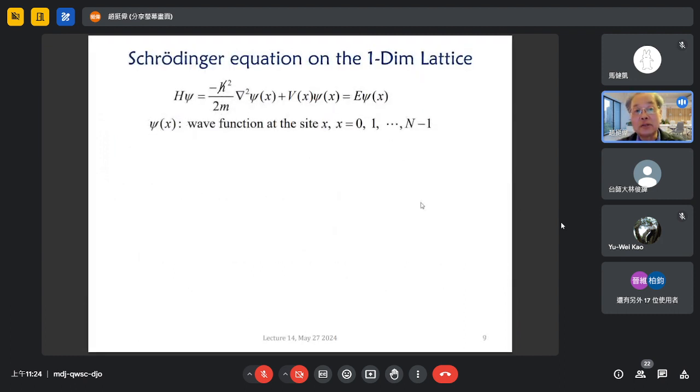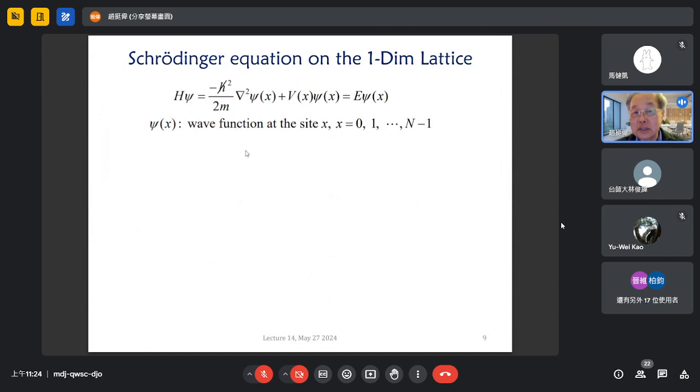Another application for solving the eigenproblem of a real symmetric matrix is to solve the Schrödinger equation on a one-dimensional lattice. You see, this can be easily generalized to a high-dimensional lattice.